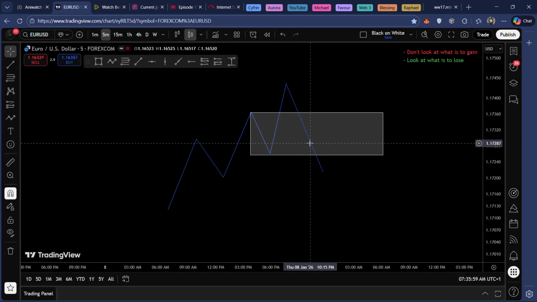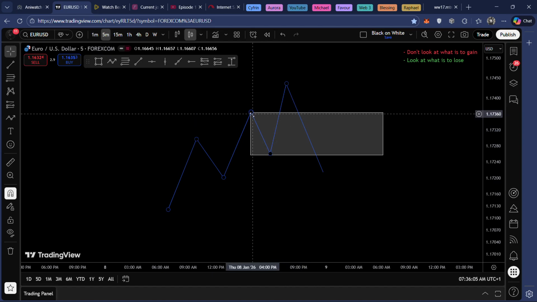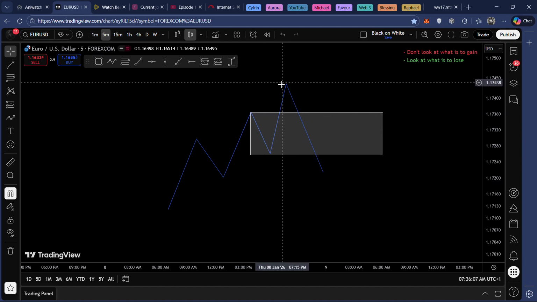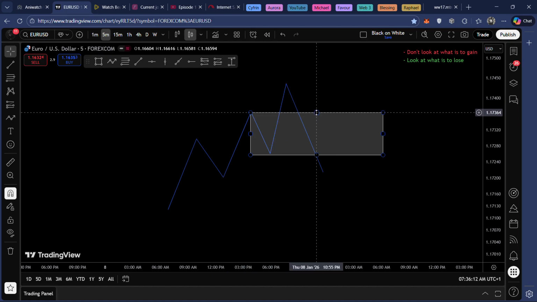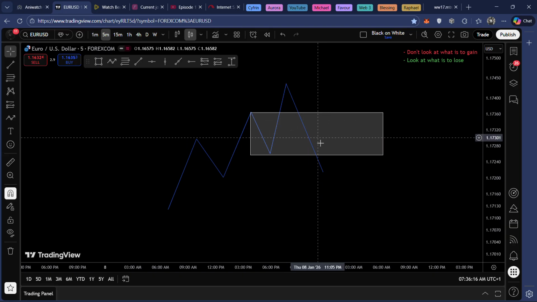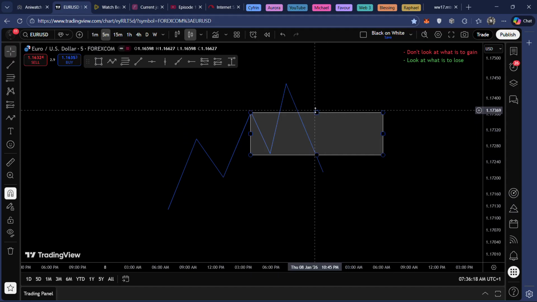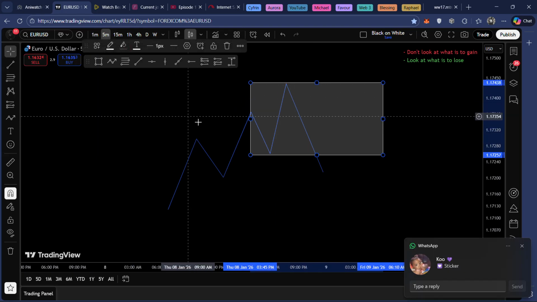But there will be a little adjustment done to it, because this is not just it. You extend it to the extreme point, the highest. You extend it because now you expect price to enter this breaker block and come out of it.